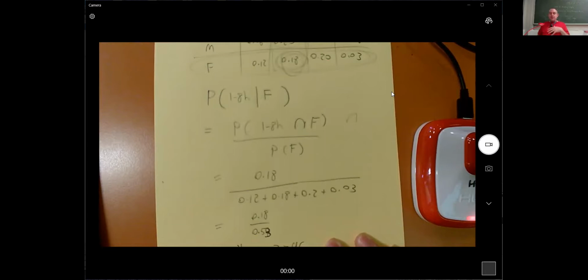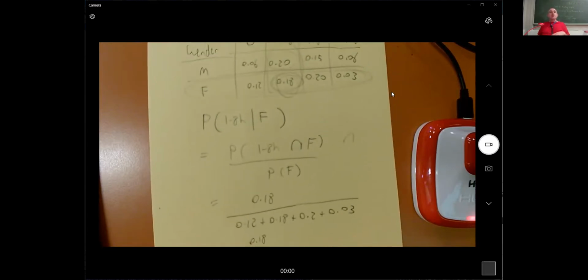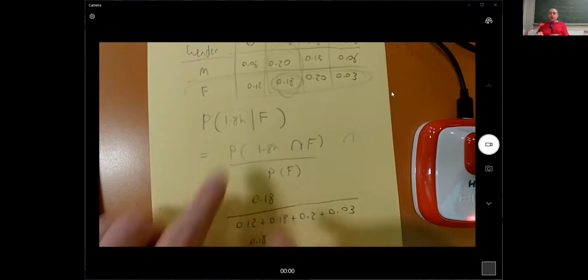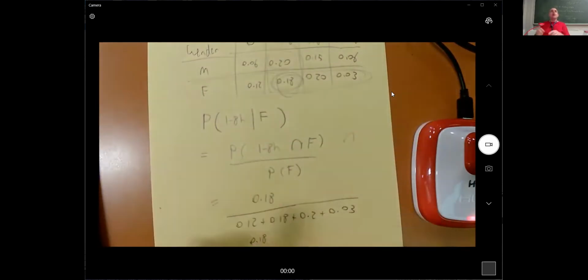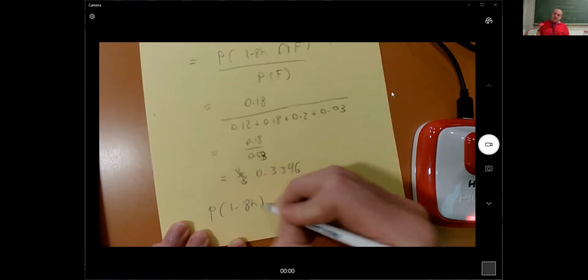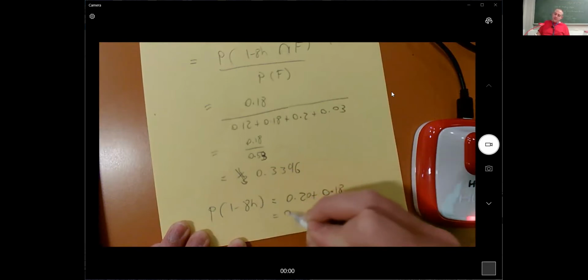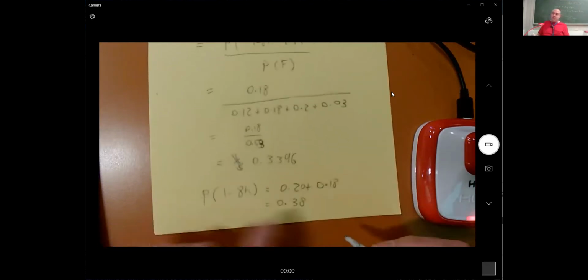If this was different to the probability of having 1 to 8, then these two events of being female and having 1 to 8 would be not independent. So just to make sure I've got it, the probability of just 1 to 8 hours is 0.2 plus 0.18, which is 0.38, which is not the same.